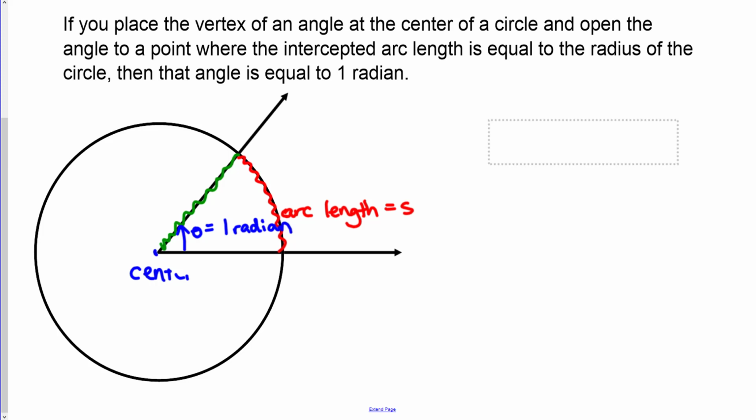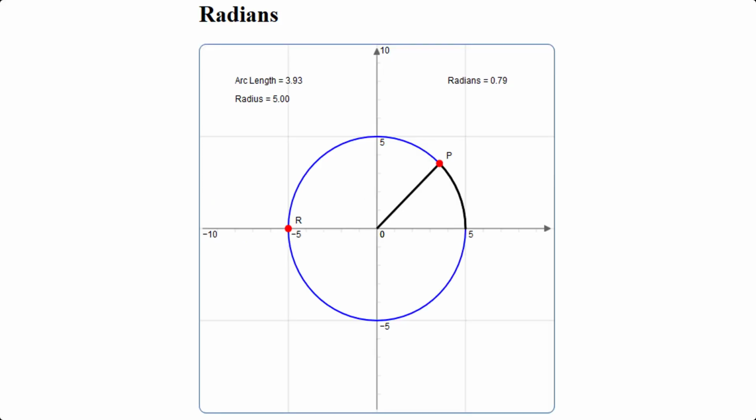Let me show you an applet now that might help to make this a little bit more clear, and it's something that you can work with at home. So this applet basically allows me to do the same thing. I'm just able to drag the point P to wherever I want on the circle. It tells me the measure in radians of this angle theta rotated from the x-axis.